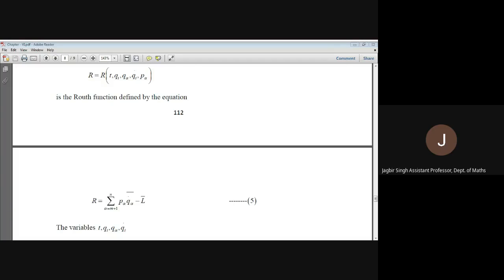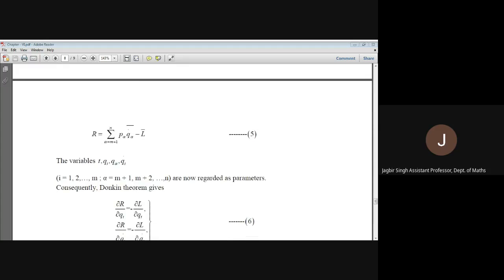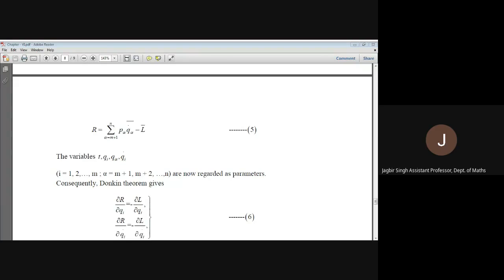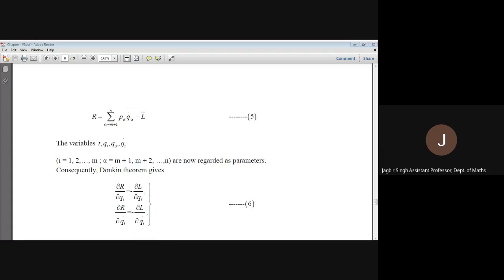Here this L bar represents L in which we replace the generalized velocities with the generalized momenta. So it is a function of t, qi's, q alphas, qi dots and p alphas. Now using Duncan's theorem, this time we have a new function R, an old function L, new variable p alpha, and old variables q alpha dot.